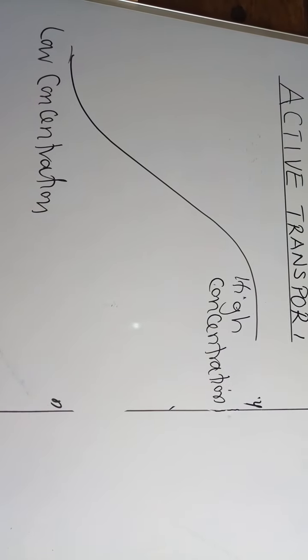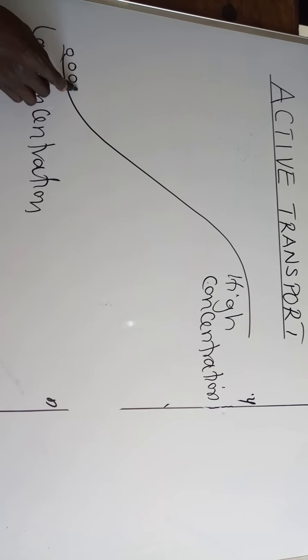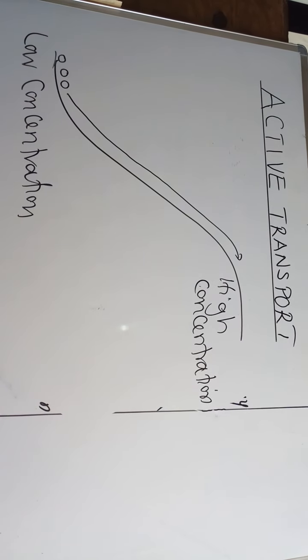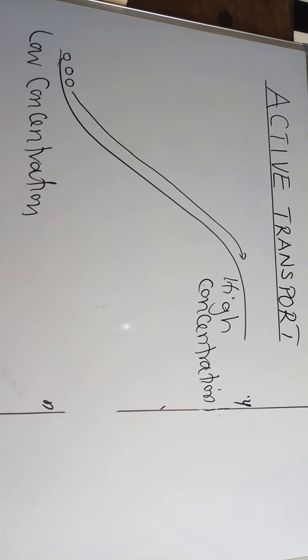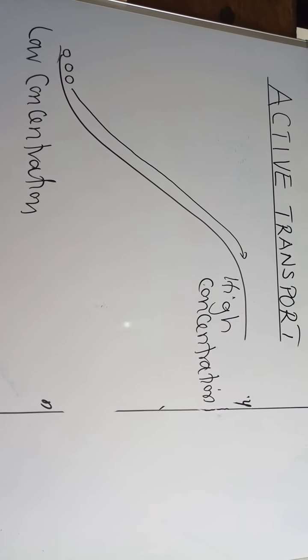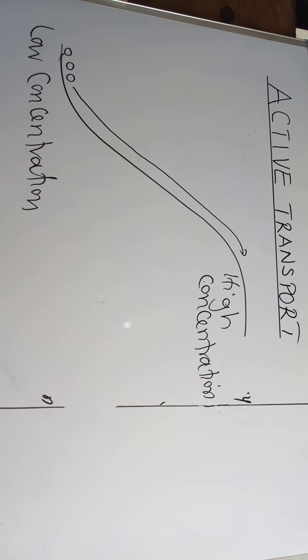So in active transport, if particles or molecules are to move from the region of low concentration to the region of high concentration, then it's like climbing up a hill. And when one climbs up a hill, the individual will use some amount of energy because the person is moving against the concentration gradient.